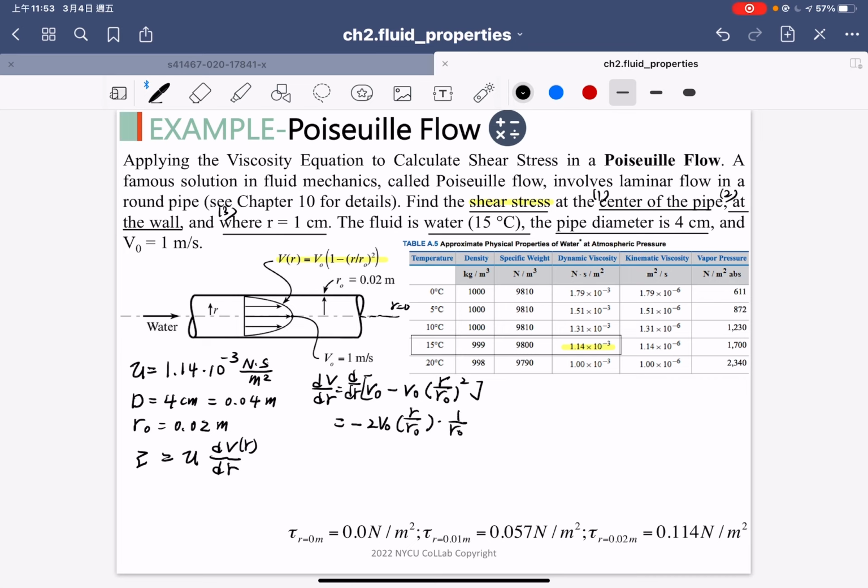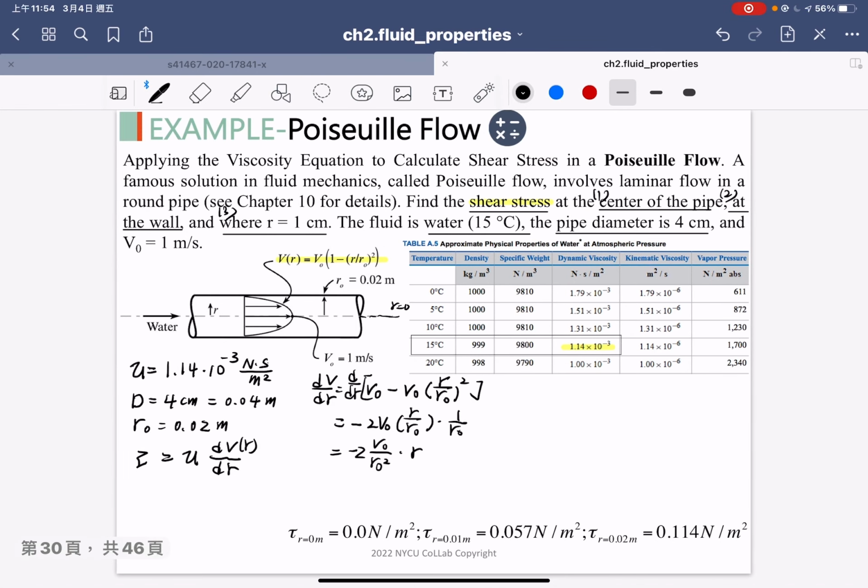And so dV/dr, I reorganize the numbers in here, is minus 2 V0 over R0 squared, multiplied by R, right?